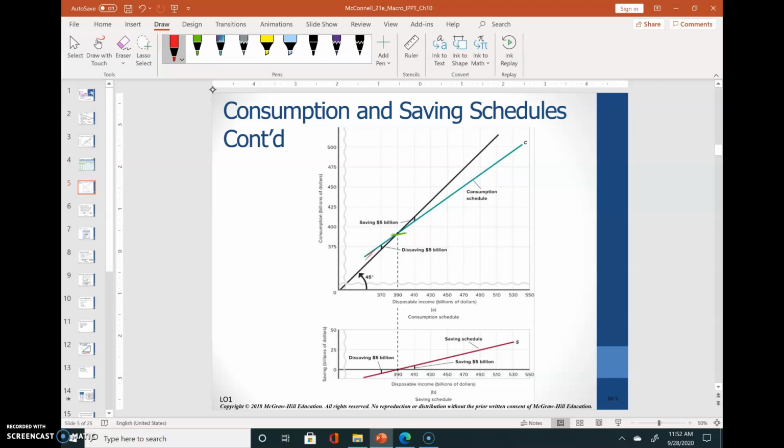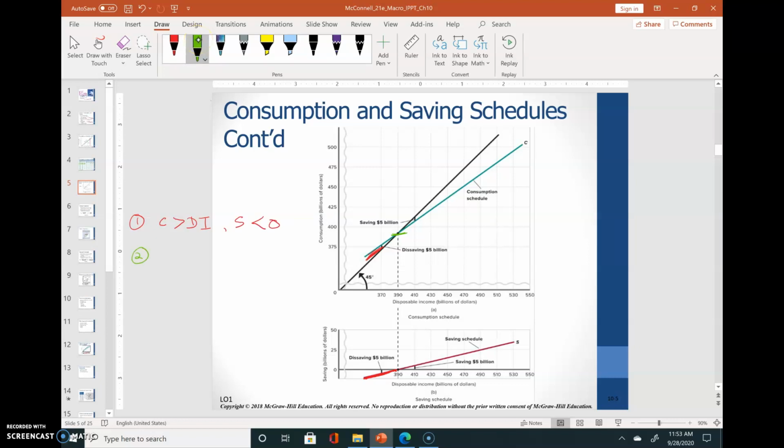I can see over here consumption is greater than disposable income. So to this part, whenever consumption is greater than disposable income, the savings will be below this line, which is 0. The savings will be less than 0 or a negative number.